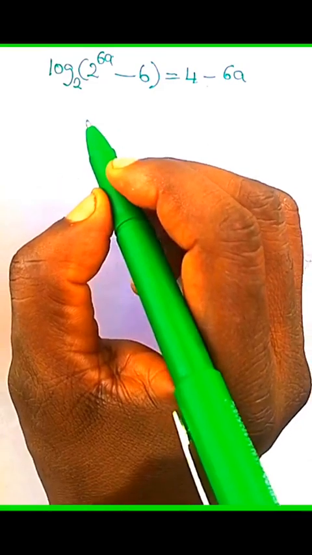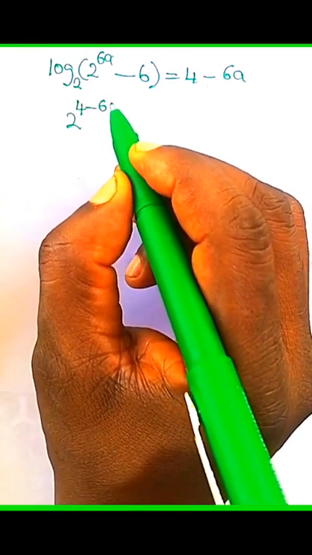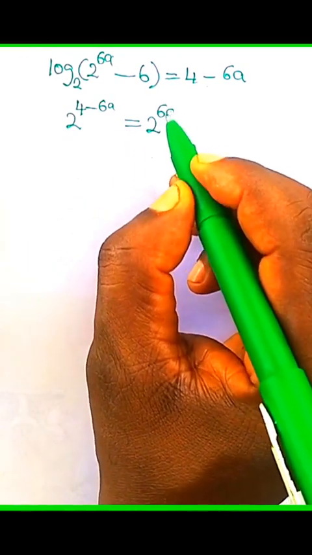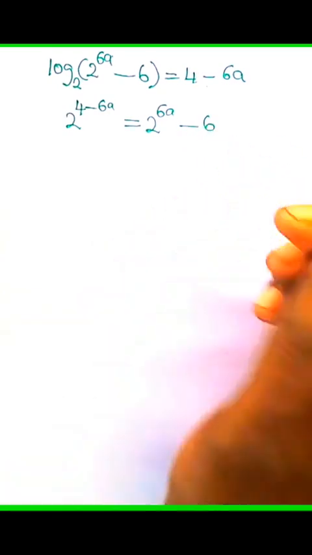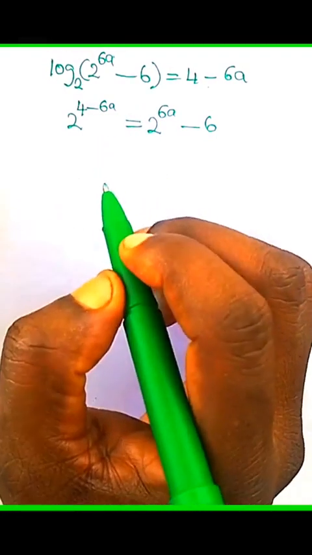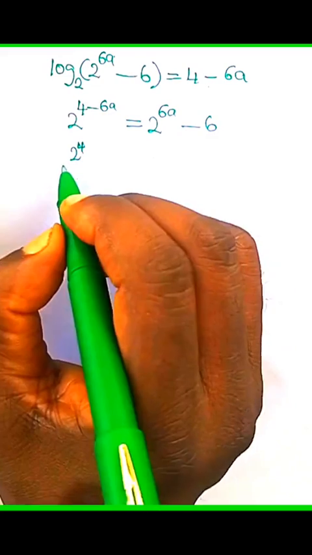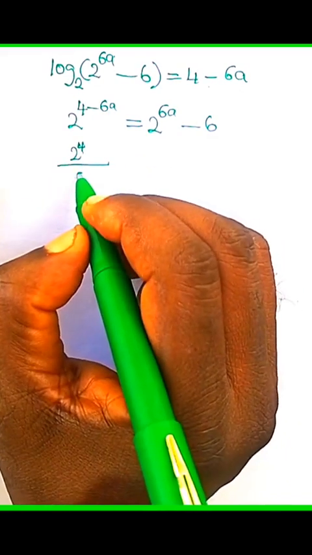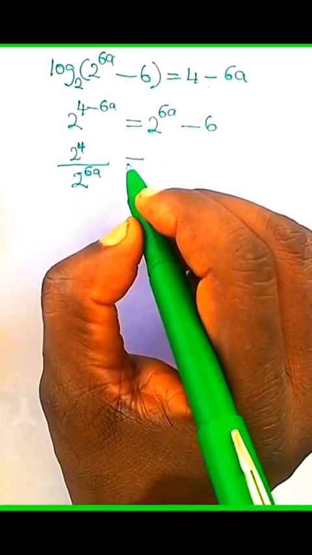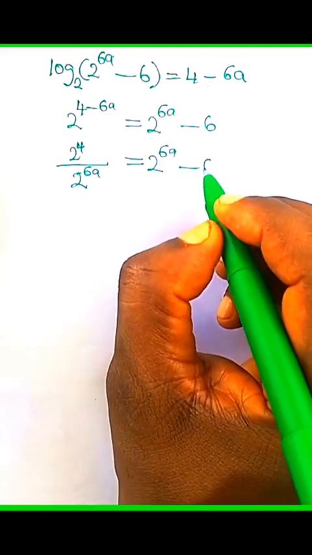So what you have here will be 2 to the power 4 minus 6a equals 2 to the power 6a minus 6. The left hand side, we'll now change it to 2 to the power 4 over 2 to the power 6a, equals 2 raised to the power 6a minus 6.